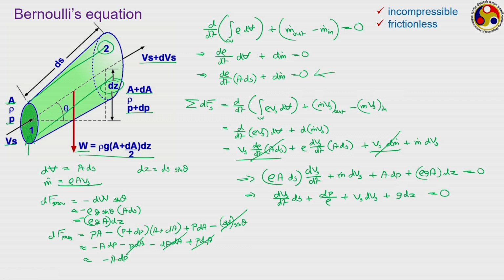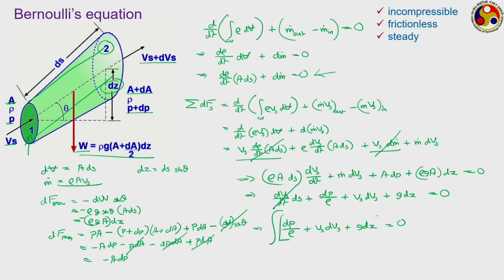At this particular portion we introduce our third assumption, that is steady. As we are assuming steady, this part goes out of the equation, and we are left with dP upon rho plus Vs dVs plus G dz equal to 0.